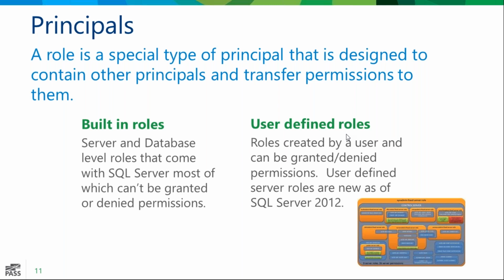Anyway, so we've got built-in roles. We've got some that are fixed and some that aren't. Fixed, we can't change the permissions. Not fixed, we shouldn't change them. So what do we do? We use user-defined roles. User-defined roles are the ones where we create the role, we add the permissions, we add members, and we move on. And this is where the real power of roles comes in, because roles are principals and they are containers for principals.